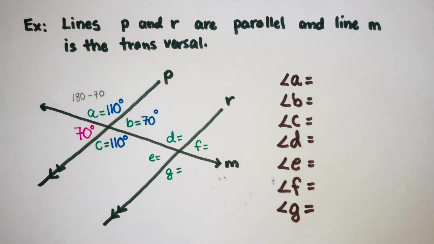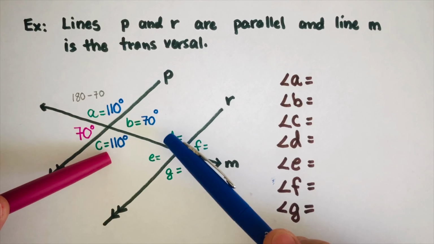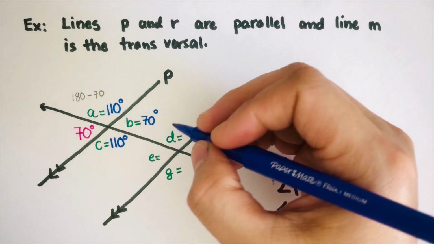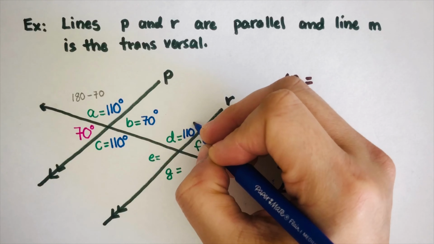Now we will use the alternate interior angle theorem. First, these two are alternate interior: C and D are alternate interior. And we say alternate interior angles are equal to each other. So angle D is also 110.